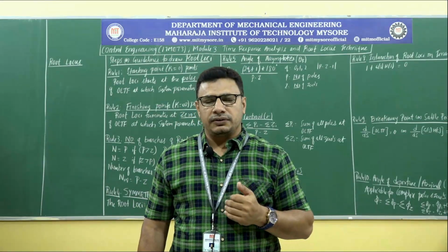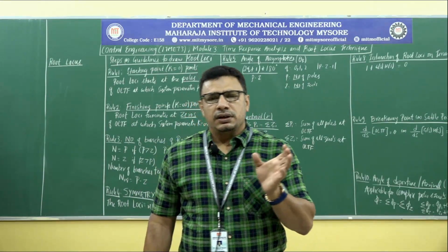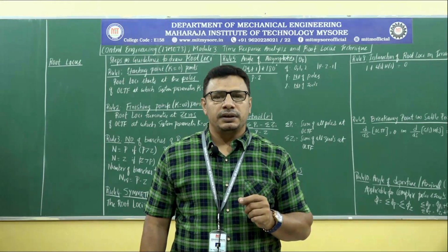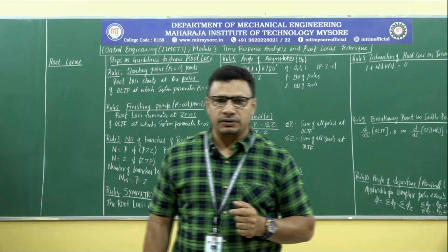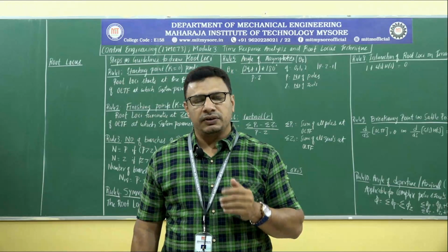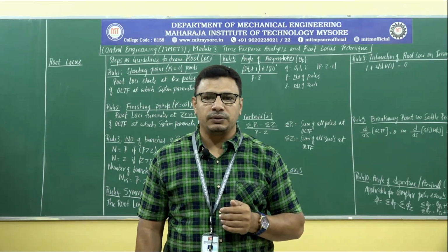Now, to understand this, the system functionality will normally be represented by a characteristic equation. We have known during the previous sessions that the standard form of the characteristic equation for any given control system is represented by 1 plus G(s)H(s) equal to 0.